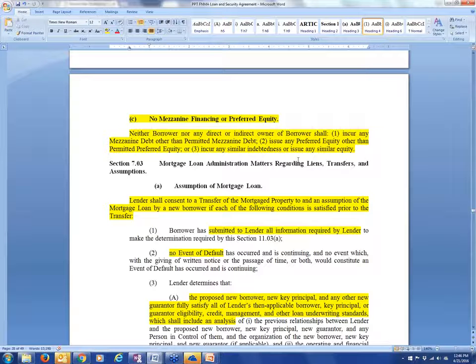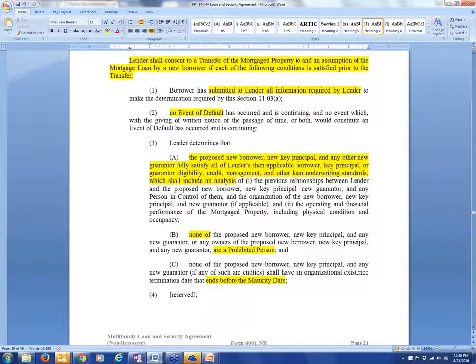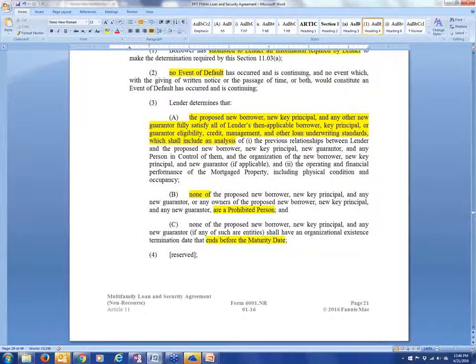Okay, lender shall consent to a transfer of the mortgage property to and an assumption of the mortgage loan by a new borrower if each of the following conditions is satisfied prior to the transfer. And this lists all the things that have to happen. You know, you submit the documents. There's no ongoing event of default. The new borrower slips into the shoes of the existing borrower, is equal to or greater than the existing borrower, and that gets satisfied.